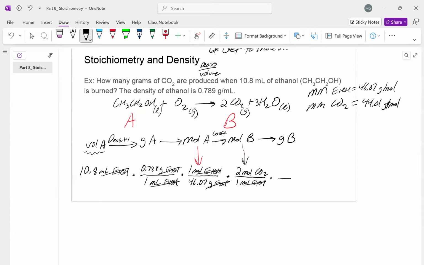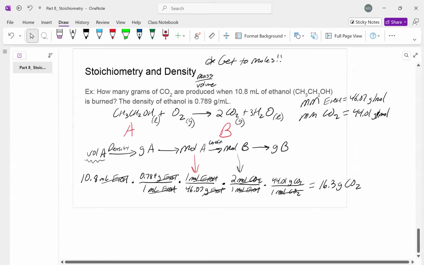I use the molar mass again. 1 mole of CO2 weighs 44.01 grams. If I've set this up correctly, the only remaining unit is what I want, grams of CO2. I toss all of that into the calculator, keeping track of my sig figs, and that gets me 16.3 grams of CO2.